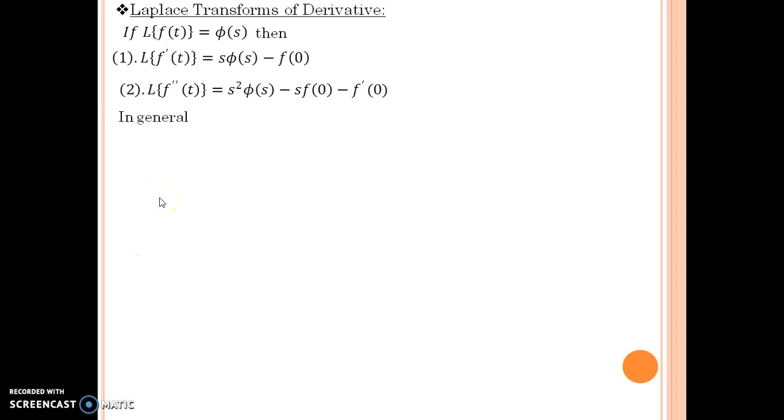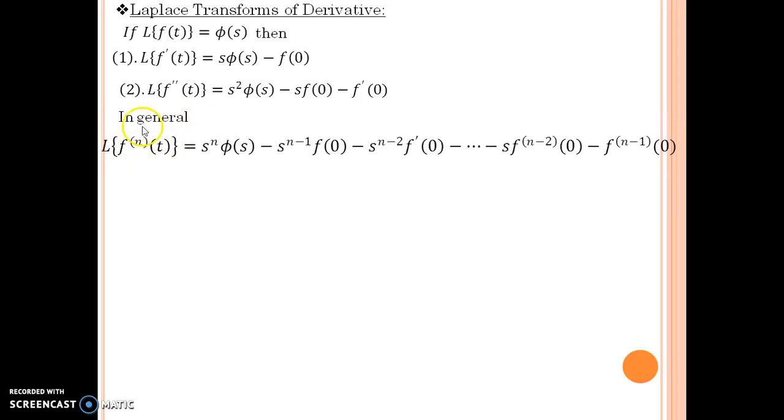In general, we do have one formula for the nth order derivative, that is, Laplace of nth order derivative of the function f of t is nothing but s to the power n times phi of s minus s to the power n minus 1 times f of 0 minus s to the power n minus 2 times f dash evaluated at 0 minus and so on up to minus of s times n minus 2th derivative of the function f evaluated at 0 minus n minus 1th derivative of f evaluated at 0.